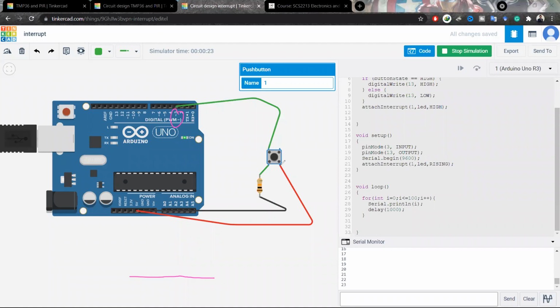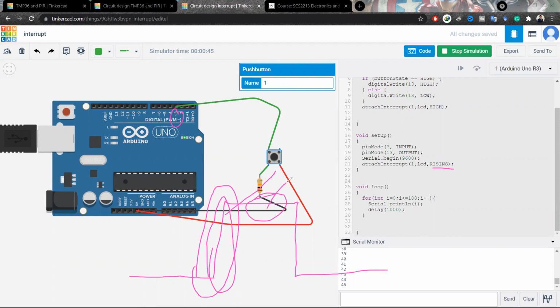By pressing this button, it will give 5 volts, and after release, it will come back to the previous state. This is the rising edge, so only at this point will this LED function be called if you put rising. But if you put high, every time it feels the voltage high, it will call.